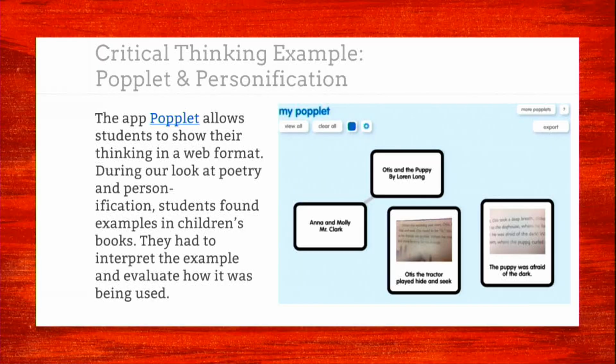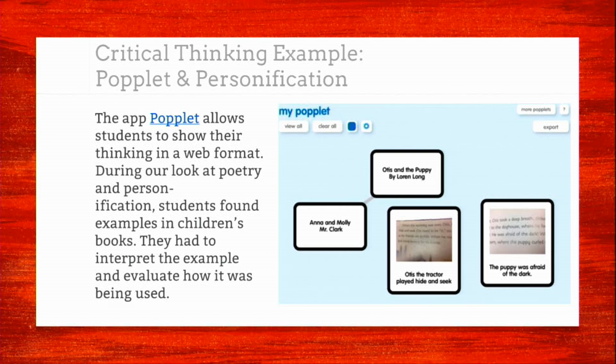So what I asked students to do was to choose a picture book. I pulled about 15 or 20 that I knew had examples in it, and then they had to look through the books, find the examples of personification, and I asked them to photograph it using the app. You can take pictures through Popplet.